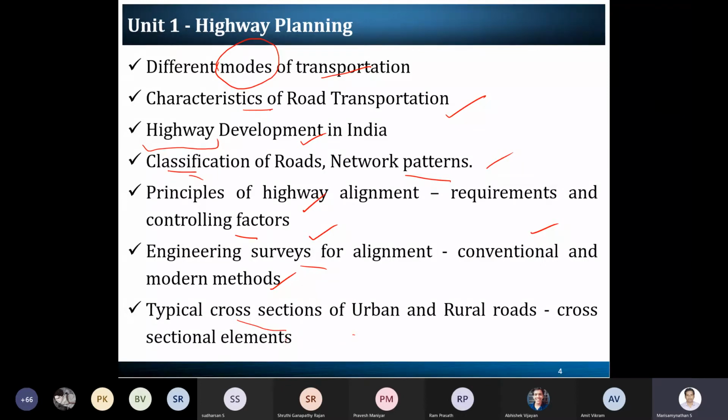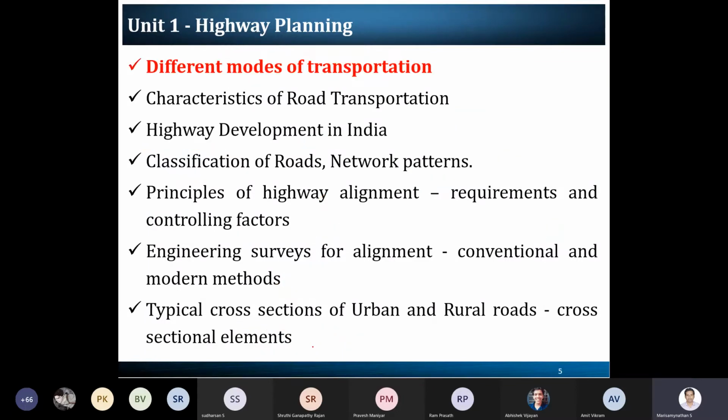The same component we are going to see in a more elaborate manner in the last component, the typical cross sections of urban and rural roads, particularly their cross-sectional elements. These are the major components, nearly 7 components, which we are going to cover in the first unit. Okay, so one by one we will see. Today, the first lecture, we will start with the different modes of transportation.